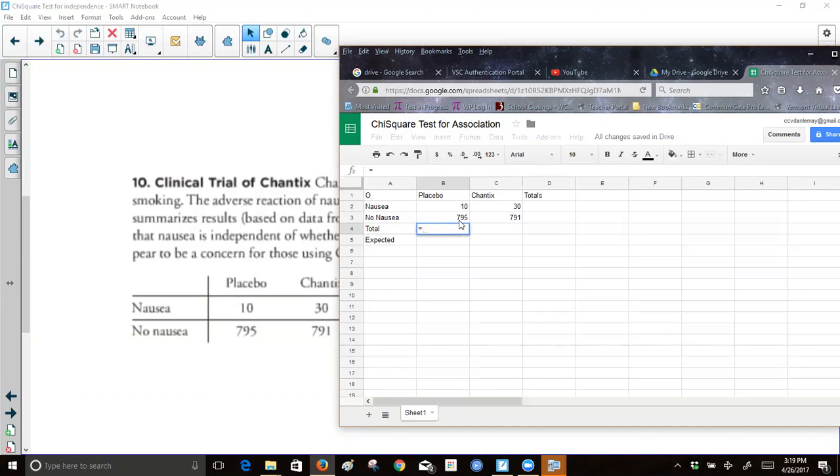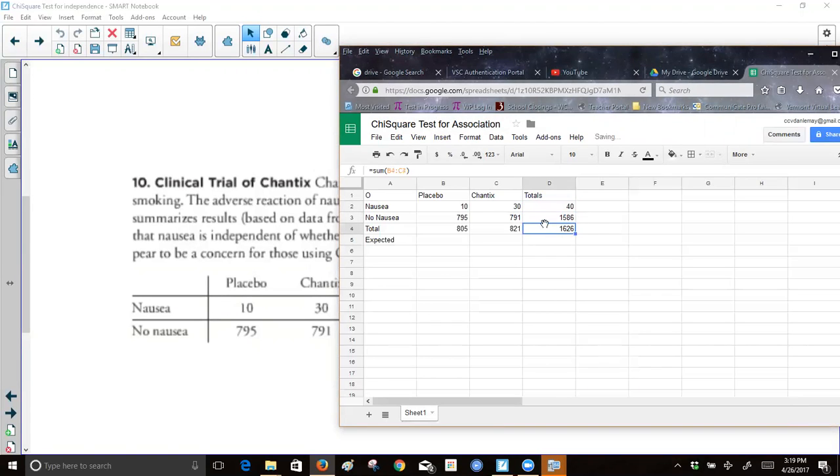But I'm going to be really lazy and let the computer do this. So that's the sum of 805. Same thing there: I'm going to add those two numbers, but again, I'm going to let the spreadsheet do it. Now I've got to add up these rows. So that means 10 plus 30 should be 40. And now we're going to add up all of them.